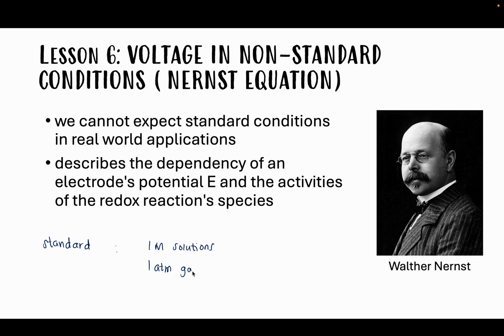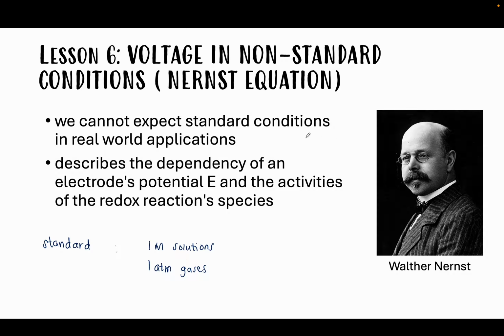Okay, so this is the partial pressure of the gas. However, in reality, we cannot expect standard conditions at all times. Meaning to say there is always a slight deviation, or there is always room for deviation.